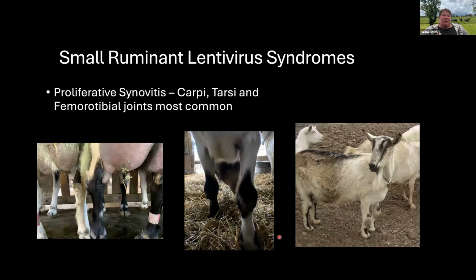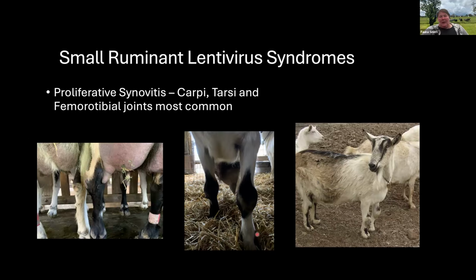Just to look at some really good examples of these different syndromes. You can see here in this Alpine doe standing on the milk stand that this hock is super enlarged with a big knob off the side. Again, this is the synovium that has become calcified and proliferative.